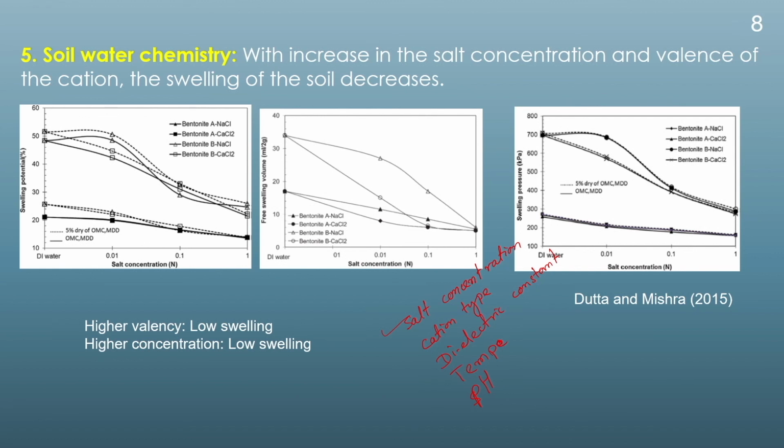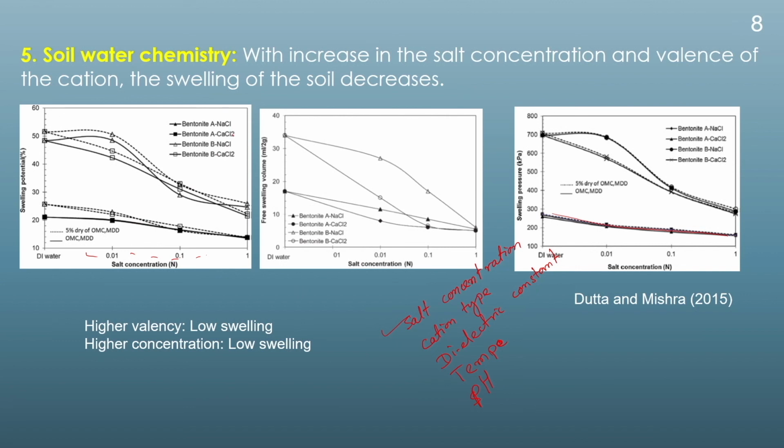Temperature: the higher the temperature, the higher the swelling. Similarly, pH also controls the swelling behavior. In this diagram, we can see that as we increase the salt concentration, the swelling potential, free swelling, and the swelling pressure keep on decreasing.